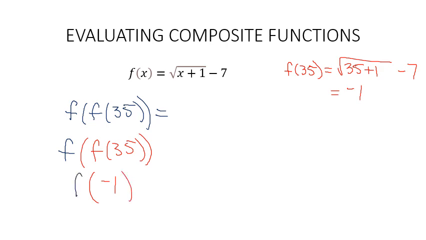To compute the composite function value, I now need to find f of negative 1. f of negative 1 is the square root of negative 1 plus 1, minus 7. This is 0. The square root of 0 is 0. 0 minus 7 is negative 7. So f of negative 1 is negative 7, and f of f of 35 is negative 7.